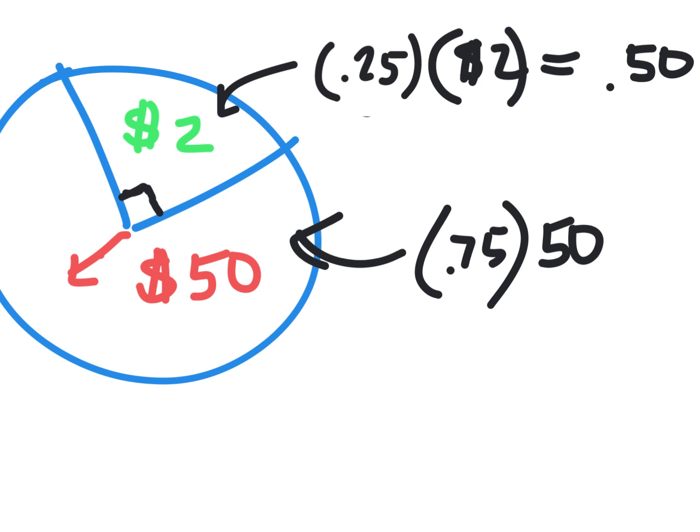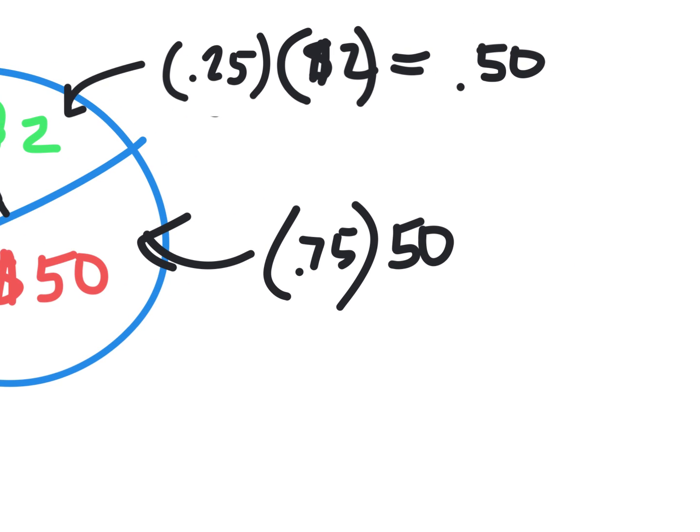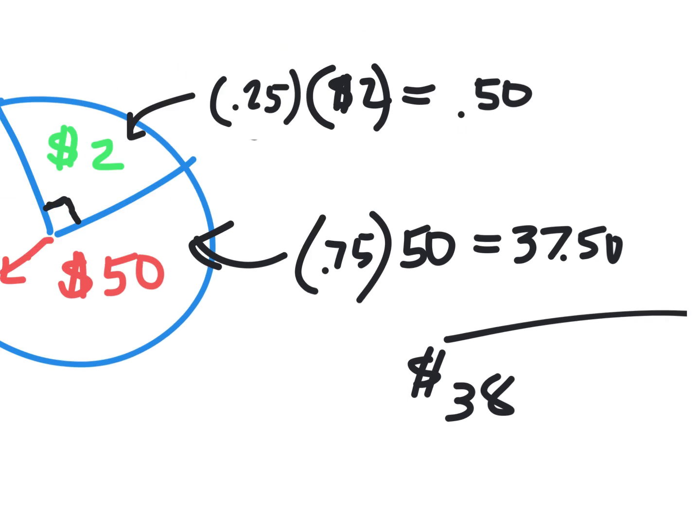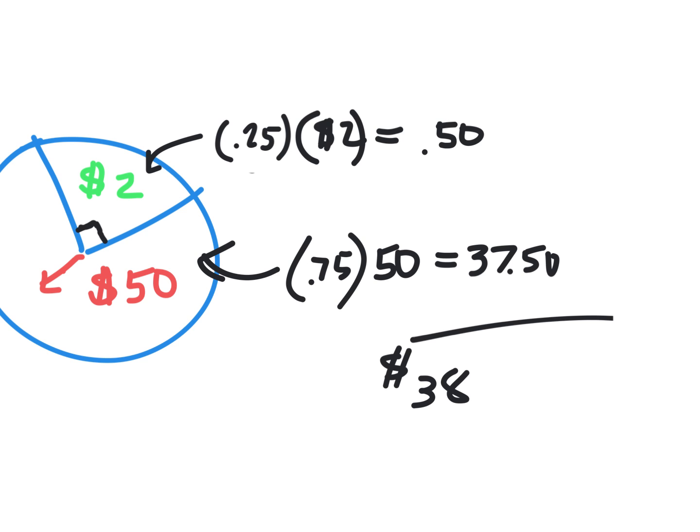That one's not a nice number, it's a decimal, so what is 0.75 times 50? 0.75 times 50 is 37.5. Add them together, $38. That's the expected value. Do you think anybody'd let you play there for free? No. So then they charge $40 to play.